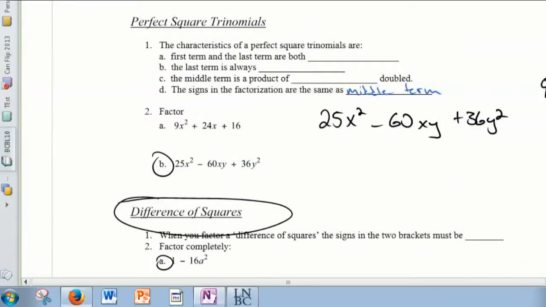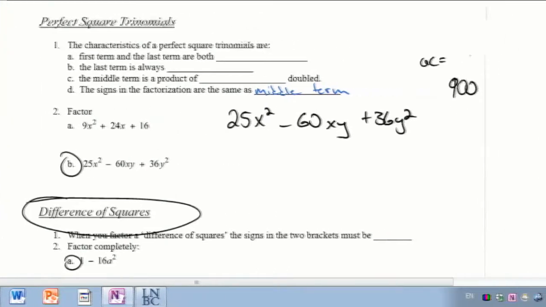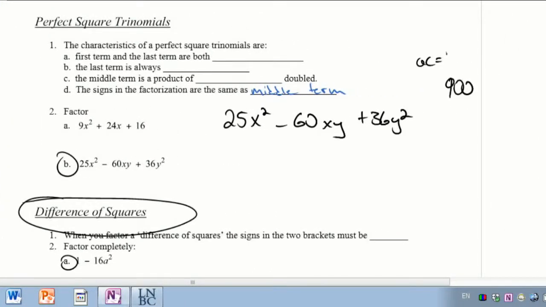So if I do the AC method, just like I'd factor any other question, I get 25 times 36, which gives me 900. I need factors of 900 that add to 60. So I'm thinking 30 times 30 is probably going to be the one I'm working with here.